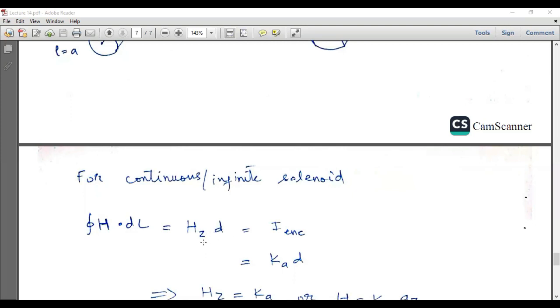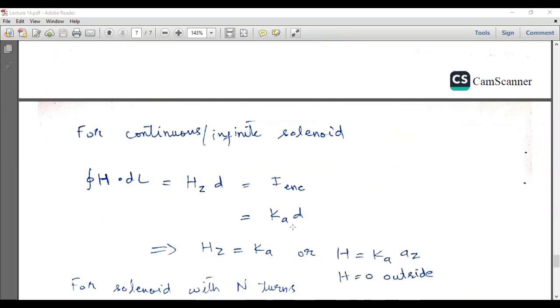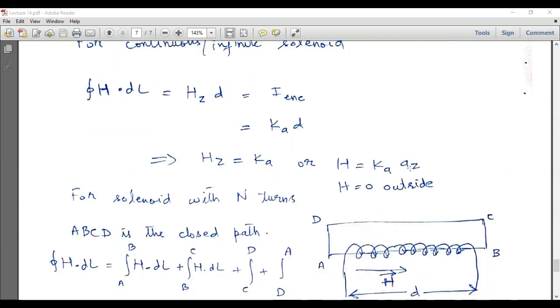H dot a_z will be equal to H_z, the component of H along z, and that is equal to the current enclosed. So H_z into d is equal to the current enclosed, which is the current density multiplied by d. So H_z is equal to K_a, or H is equal to K_a a_z, because H has only the z component. H is equal to K_a a_z inside the solenoid, and H is equal to 0 outside the solenoid.